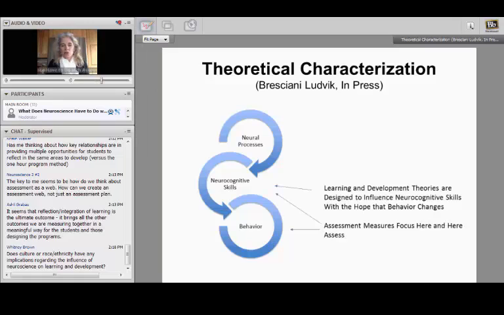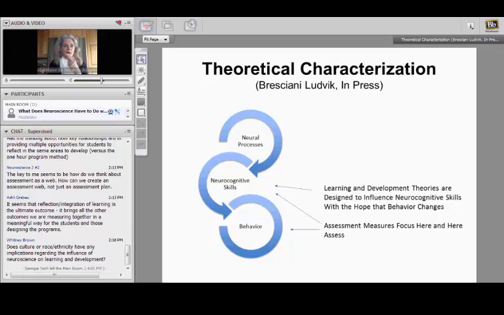When we talked about neural processes, at this point in time, we don't see any evidence that there are any significant differences based on any observed or self-reported, self-identified identities. So we don't have any data to show that the neural processes are different.